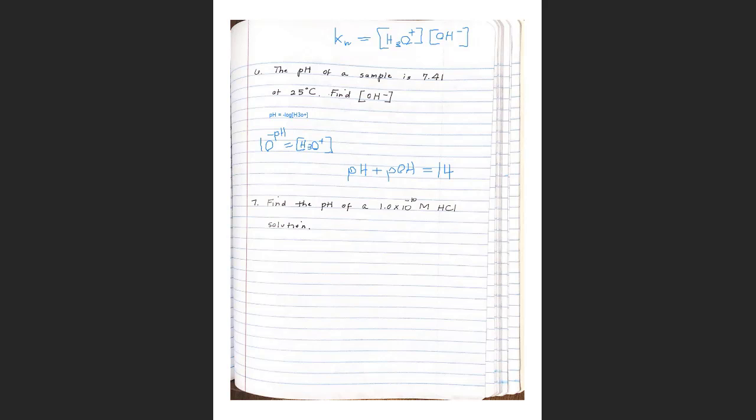In fact, I started doing it like that, and I got 2.6 times 10 to the minus 7 molar, using the second track, pOH is equal to 14 minus pH. But yes, both ways work.